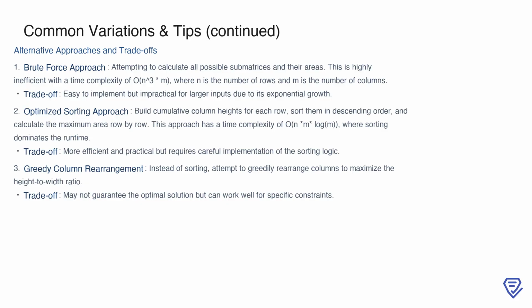This approach has a time complexity of n * m * log m, where sorting dominates the runtime. While it's much more practical, it does require careful implementation to ensure the sorting logic is correct. Another option is a greedy column rearrangement strategy, where you attempt to maximize the height-to-width ratio without explicitly sorting. Although this approach can be faster in certain cases, it doesn't always guarantee the optimal solution, so it's best suited for specific constraints. Understanding these trade-offs can help you choose the right approach based on the problem's requirements.